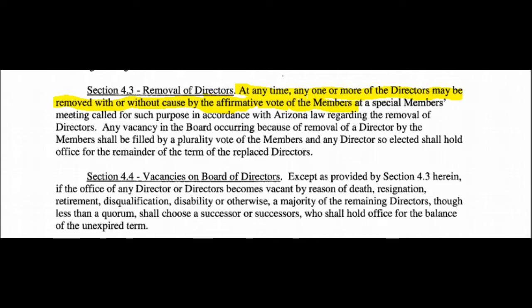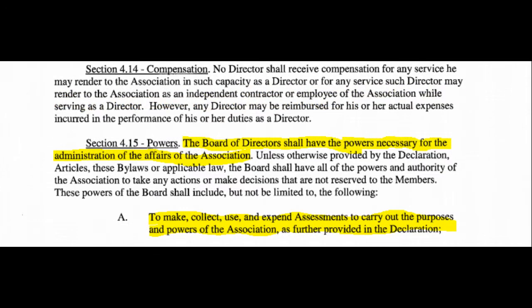This is so that at any point in time where something happens that might be illegal, or maybe even illegal to the bylaws, a member of the board of directors could get voted off, in order to make sure that we have people that have the correct fiduciary duties of care and the members' best interest.